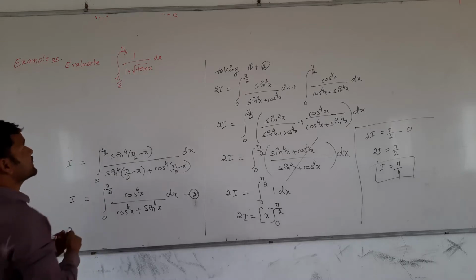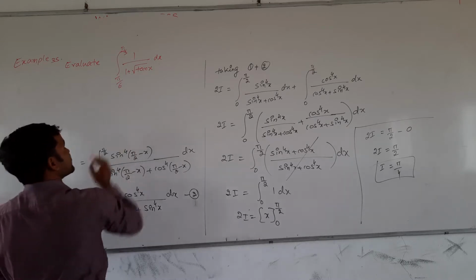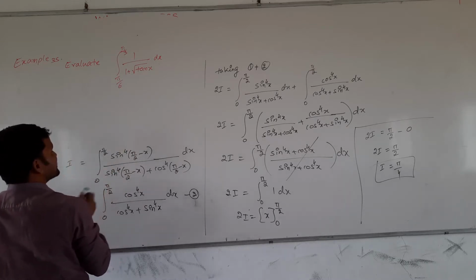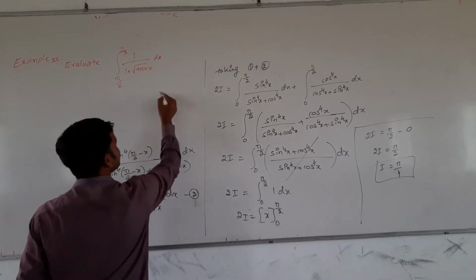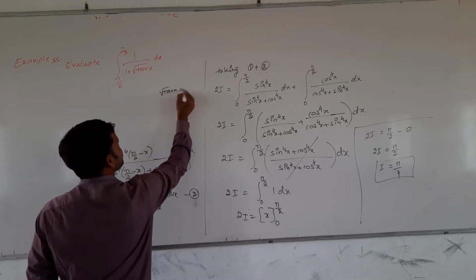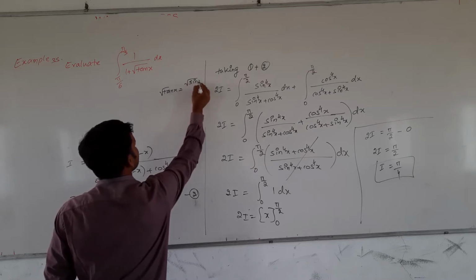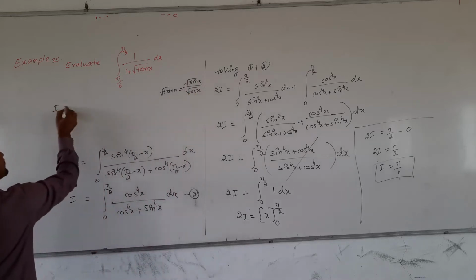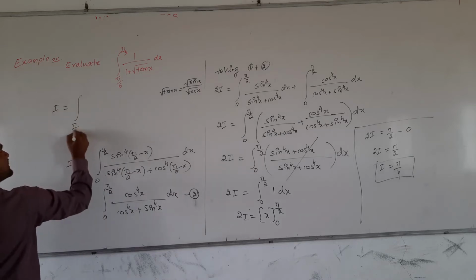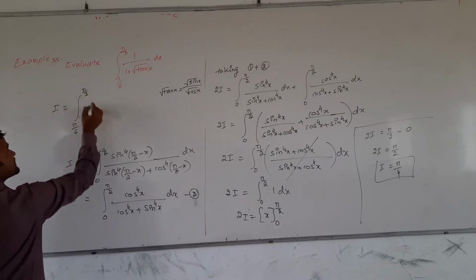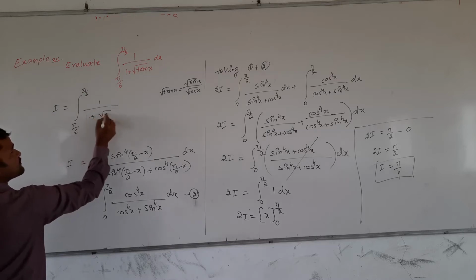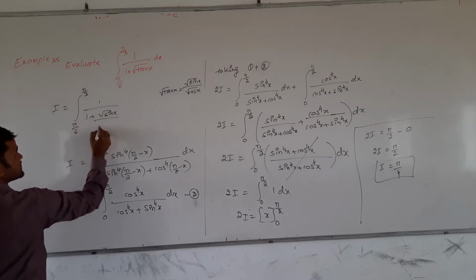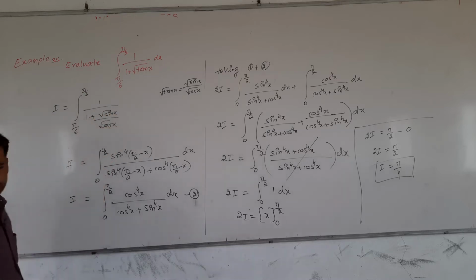This 1 by 1 plus root tan x. Root tan x is equal to, I can write here, root sin x by root cos x. I am telling you how to solve, just listen here. You take I is equal to integrating from pi by 6 to pi by 3, 1 by 1 plus root sin x by root cos x.